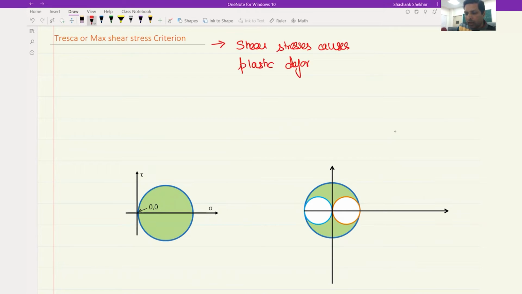So one of the criteria directly picks up from here and says that yielding will occur when the largest shear stress reaches a critical value.